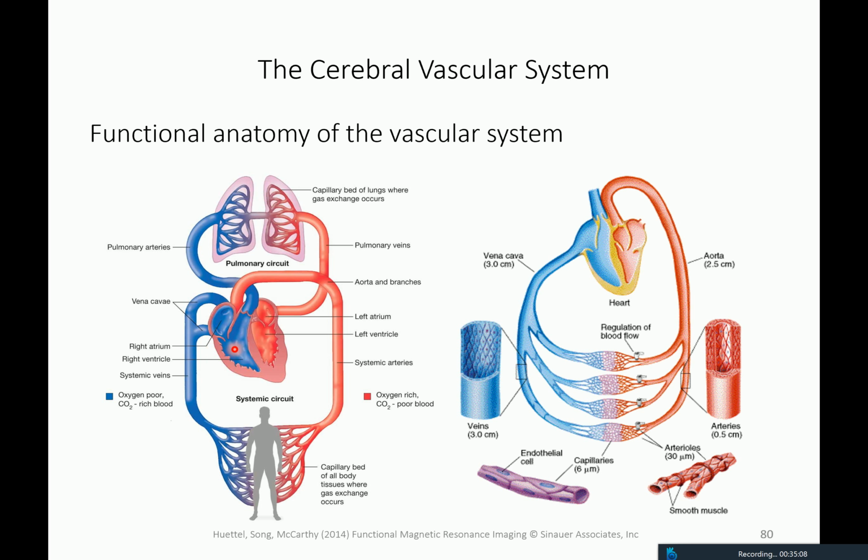So remember that you have a heart, and that this heart has two chambers, and the right chamber taking basically the venous blood as collected in the vena cava and pumping that into the lungs.